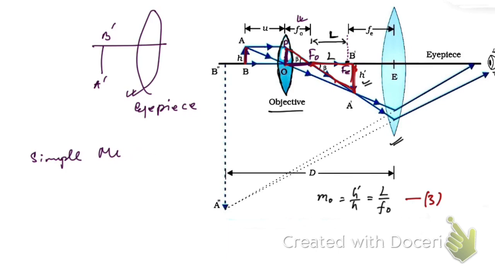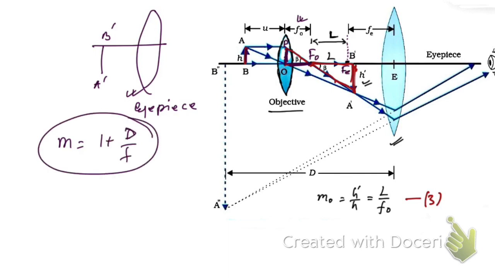So what was the expression for angular magnification? That was m is equal to 1 plus d by f. If we use this formula for this eyepiece, because now we can consider that A dash B dash is the object for this lens, and we can compare this part with the simple microscope.